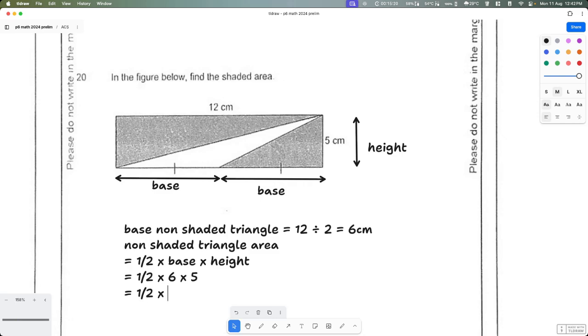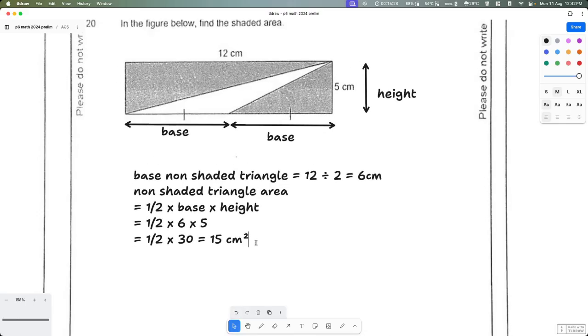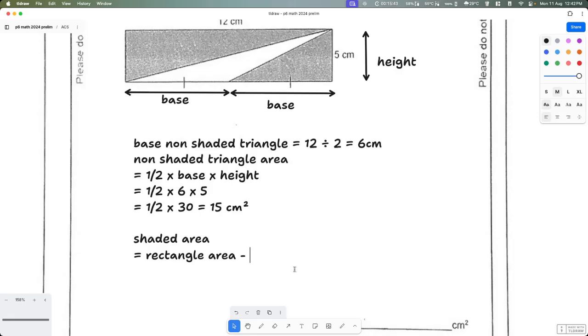So this is basically half times 30, which means it's 15 centimeter square. Now we know the non-shaded triangle area. So in this case, the shaded area is basically the rectangle area minus the non-shaded triangle area. That's what you see over here.